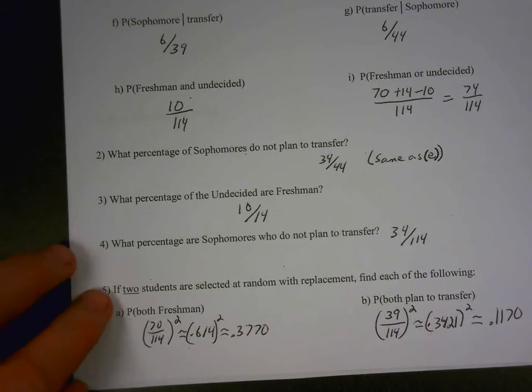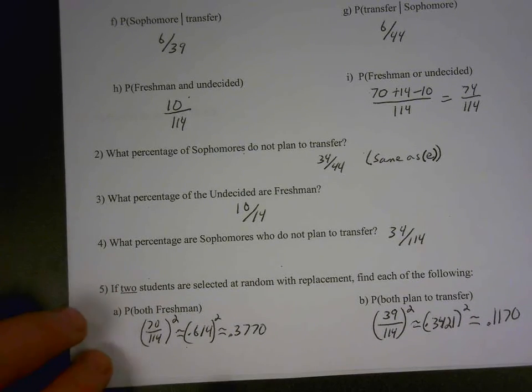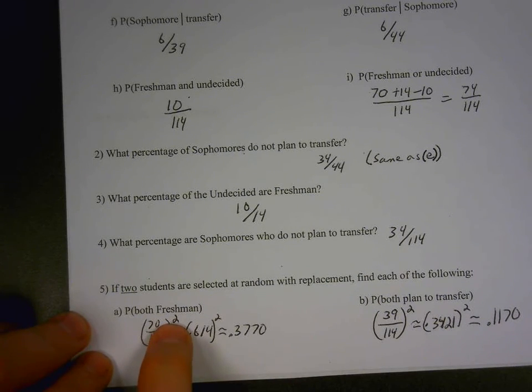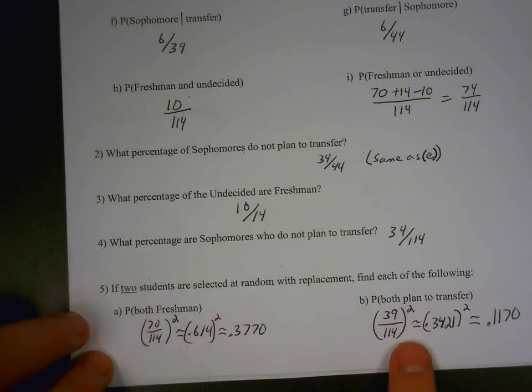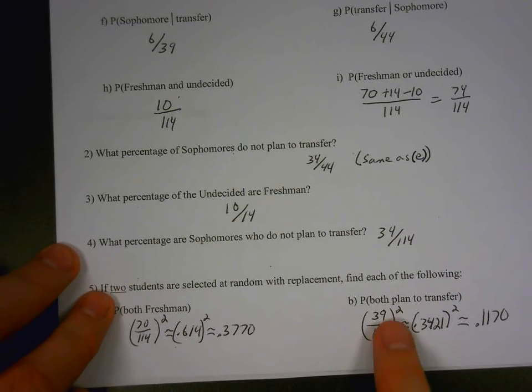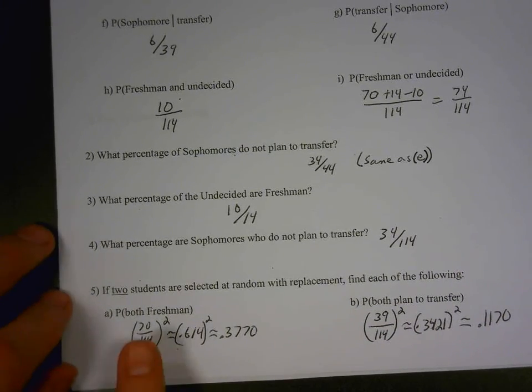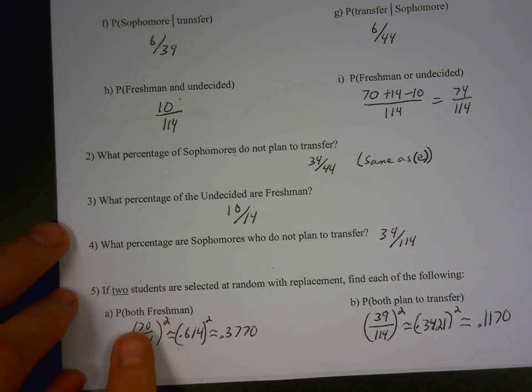If I would have said, if 3 students are selected at random with replacement, then in the first example, you would do 70 out of 114 to the third. For part B, if there was 3 students selected, both planned to transfer, you would have 39 over 114 to the third. If I said I choose 5 students, the probability that all are freshmen, you would have 70 over 114 to the 5th.